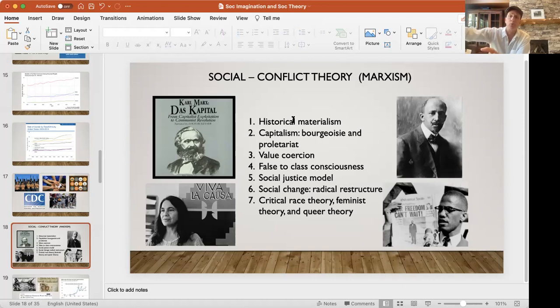Capitalism creates the bourgeoisie, the ruling class, those who own the means of production, versus the proletariat, the workers. So in that model, there's already an unequal distribution of power and resources. And there's a value coercion going on, that those with the power and resources are coercing others into certain values and ideals and laws and things like that.